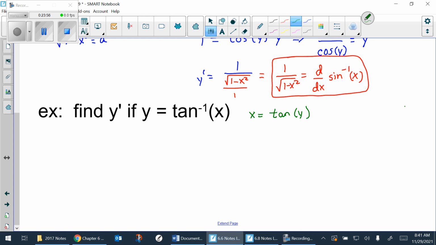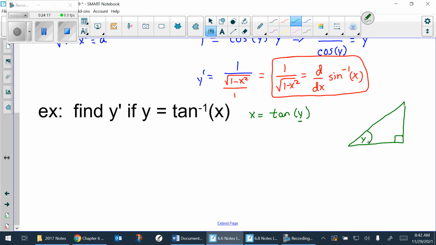We're going to draw a triangle of that situation. Remember that the angle measure is y, and the tangent of that angle is equal to x.